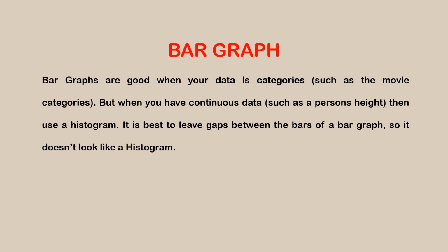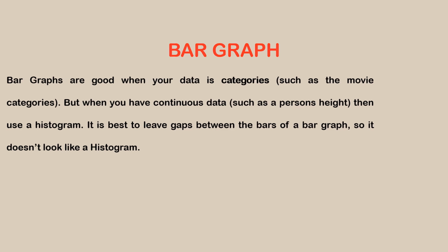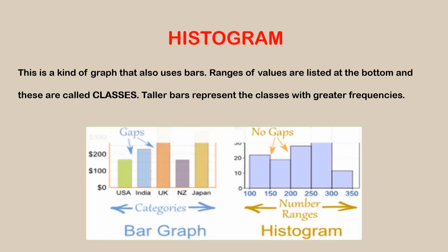Bar graphs are good when your data is in categories, but when you have continuous data, you should be using a histogram. For example, if you have to represent the height of students in a classroom, you should be using a histogram rather than a bar graph. In this kind of graph that also uses bars, ranges of values are listed at the bottom and these are called classes.